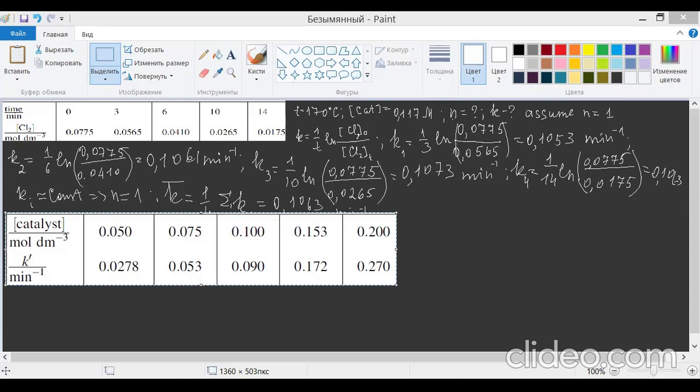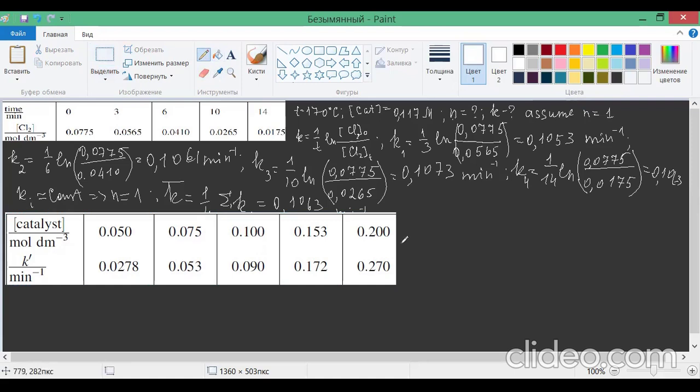So let's take a look. So we need to determine the order with respect to the catalyst. My brain is working well now.